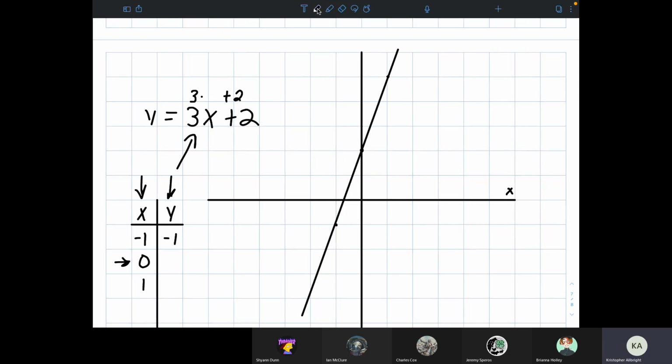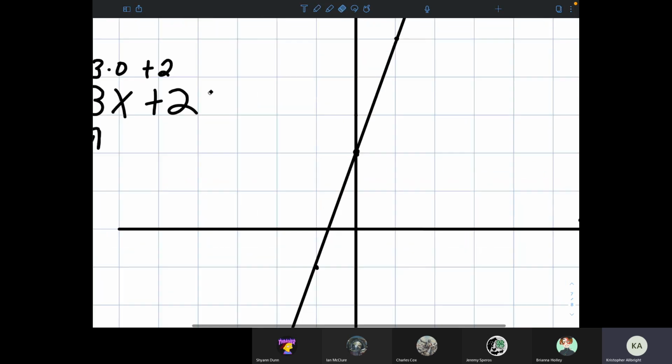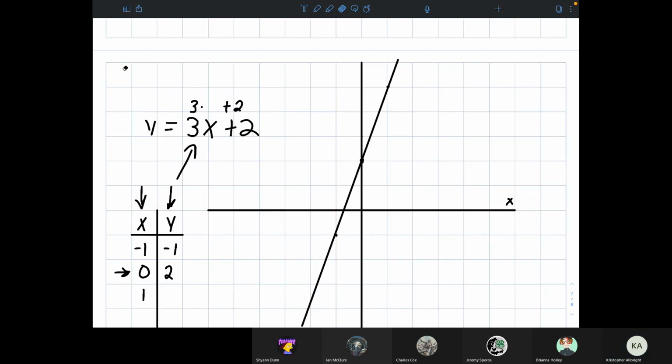I'm going to plug in 0 for x. 3 times 0 is 0 plus 2. It's going to give me 2, just like we expected. So I'm going to put a 2. And then we do 1. So 3 times 1 is 3. And 3 plus 2 is 5. So we end up with 1, 5.